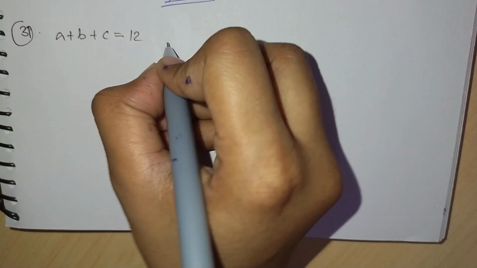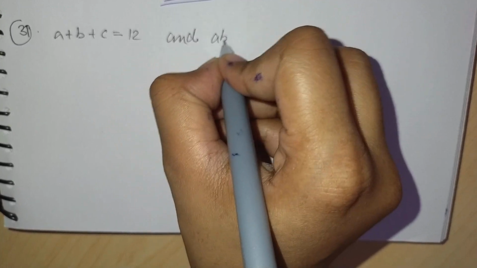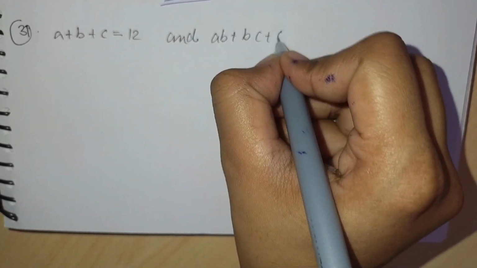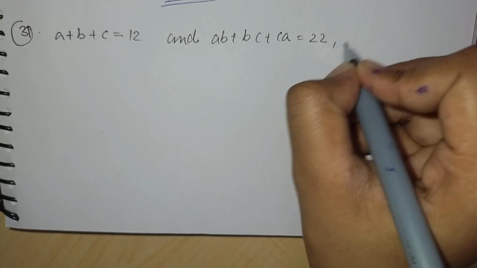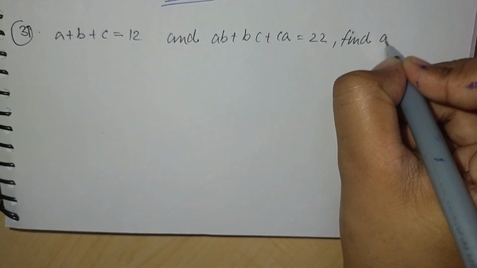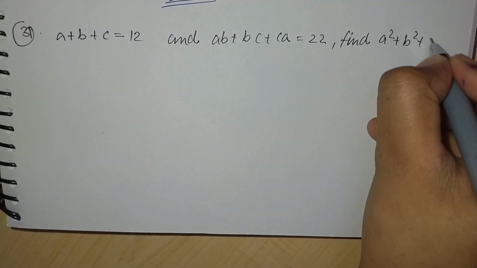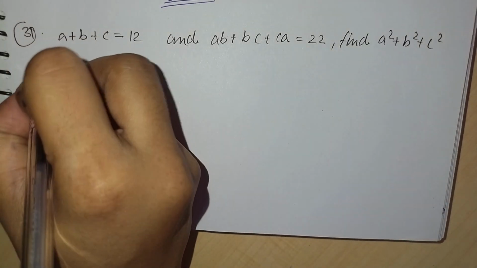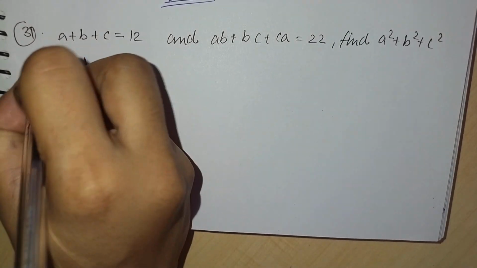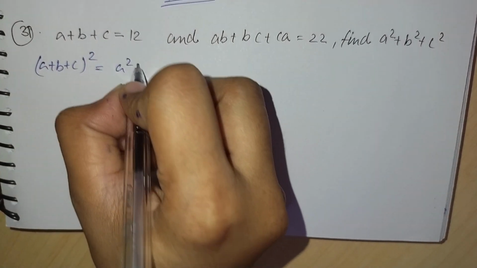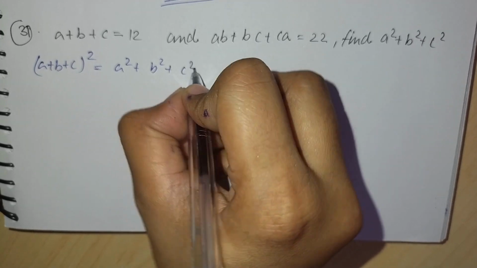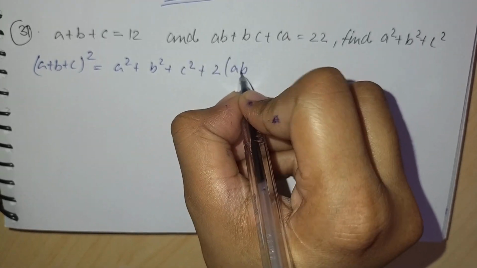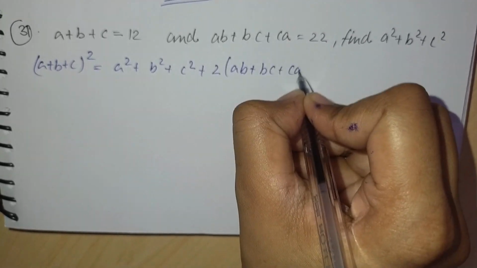Now let us solve the 31st question, which says that a plus b plus c equal to 12 and ab plus bc plus ca is equal to 22. Then find a square plus b square plus c square. So here we have (a plus b plus c) whole square formula. We will use a square plus b square plus c square plus 2(ab plus bc plus ca) here.